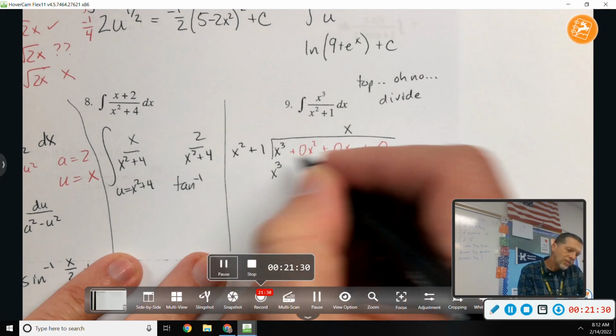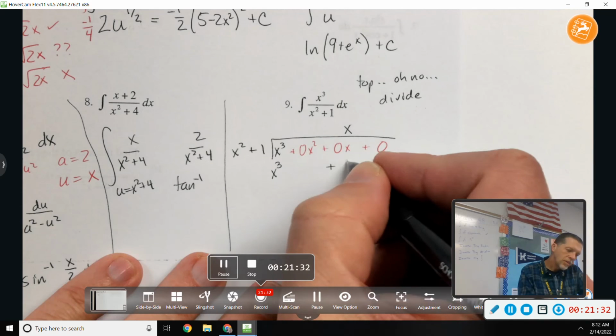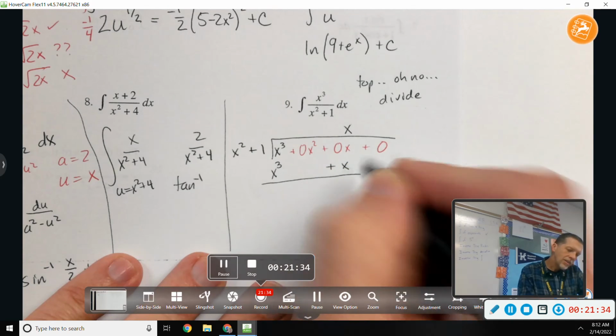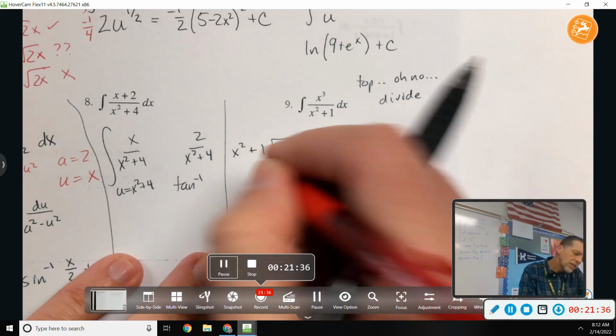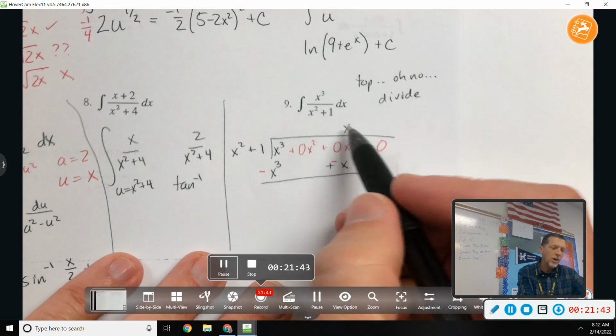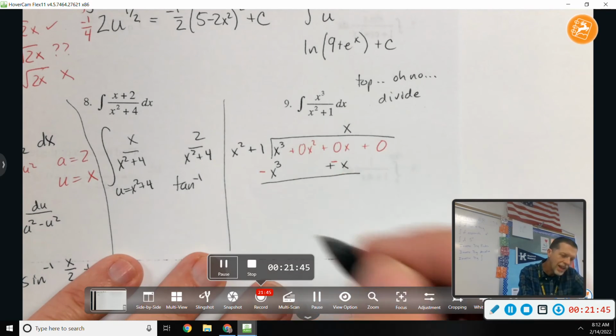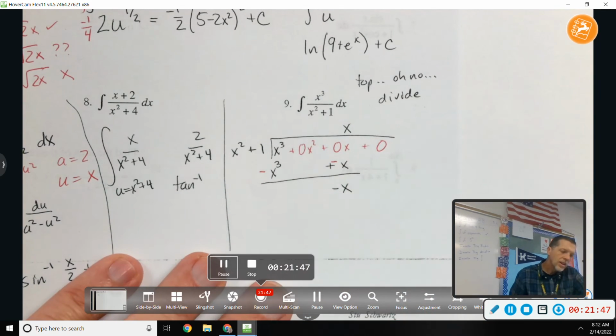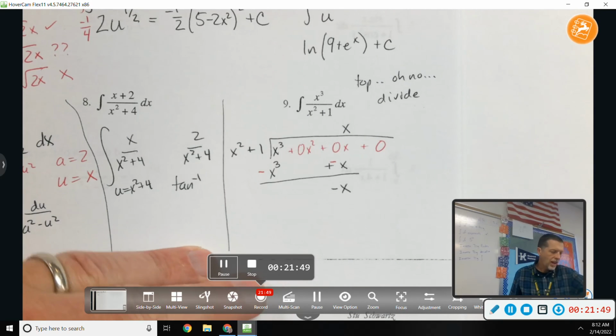So x cubed plus x. And then we subtract those. The x cubes cancel. That's always going to happen. We rig that to happen. That's why we picked x up here, to make that happen. And we have negative x.